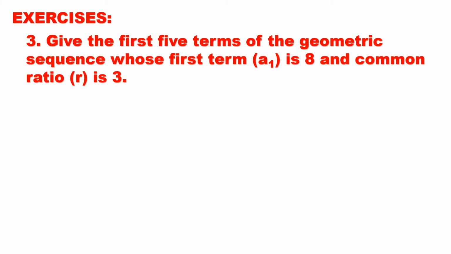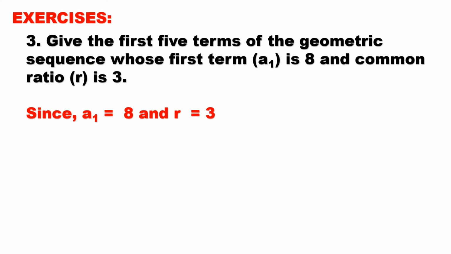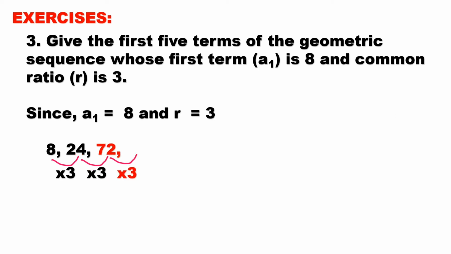Number 3, give the first 5 terms of the geometric sequence whose first term is 8 and the common ratio is 3. Since a sub 1 equals 8 and r equals 3, the first term 8 will be multiplied by 3 equals 24. 24 multiplied by 3 equals 72. 72 multiplied by 3 equals 216. 216 times 3 equals 648.